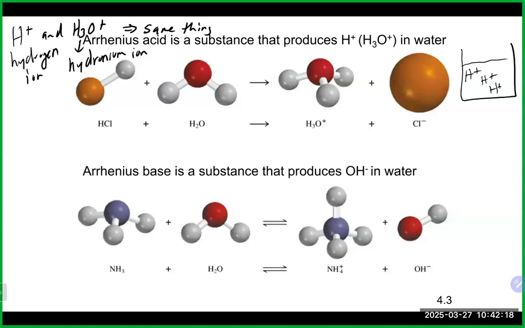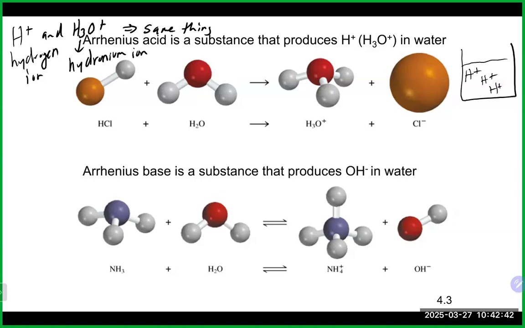You can use either one pretty much interchangeably, both in equations and in formulas. I would say nowadays books tend to use H3O plus more than H plus, but I kind of use H plus a lot. So we'll use H plus. Anywhere I put H plus, you can basically exchange it for H3O plus.